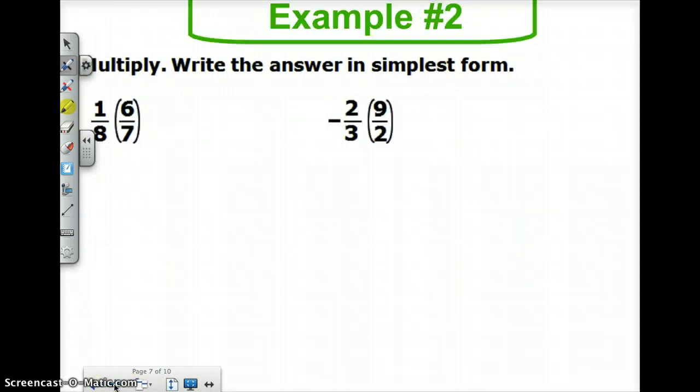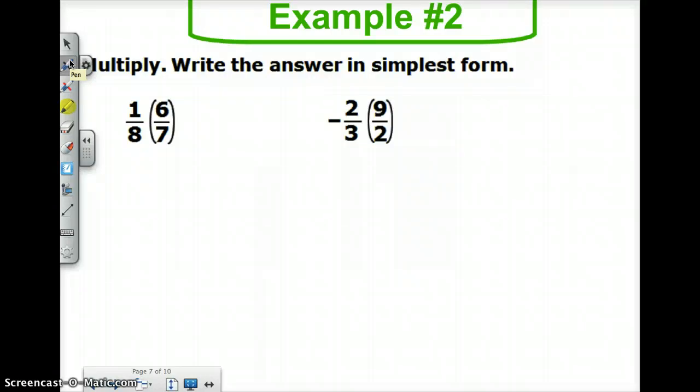I have 1/8 times 6/7. Now we want to make sure that we write our answer in simplest form. You can do something that I'm hoping you learned last year in 6th grade, which is cross-canceling.